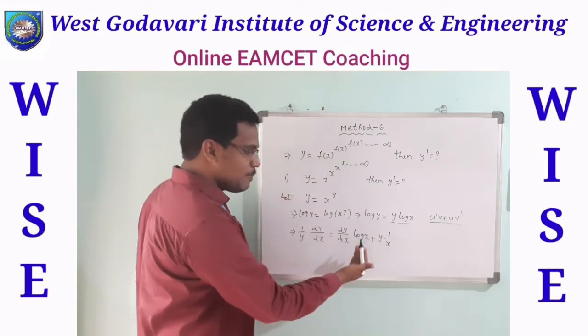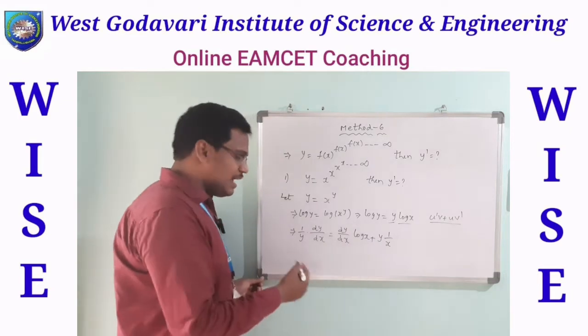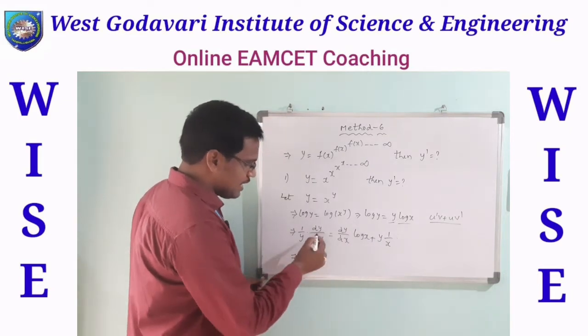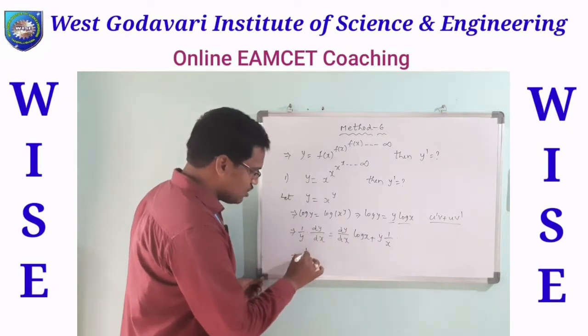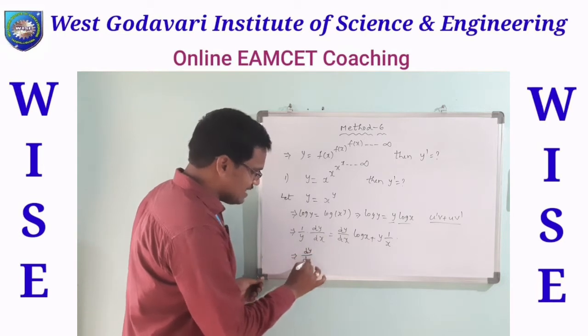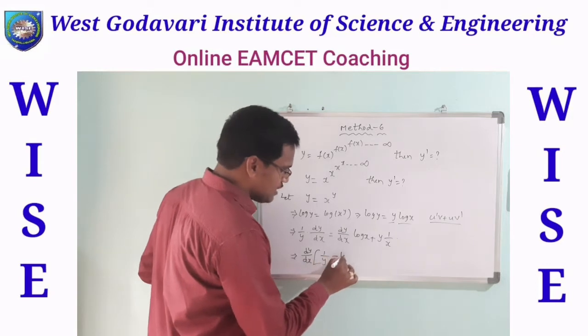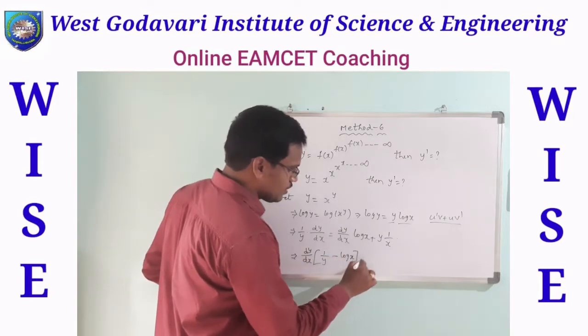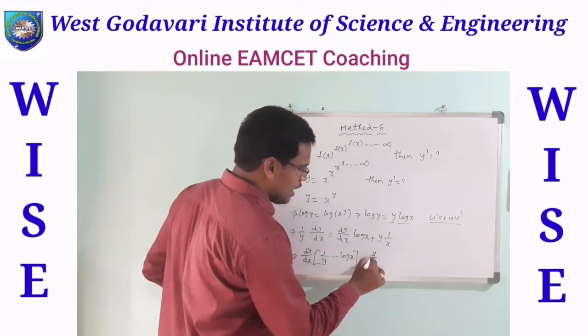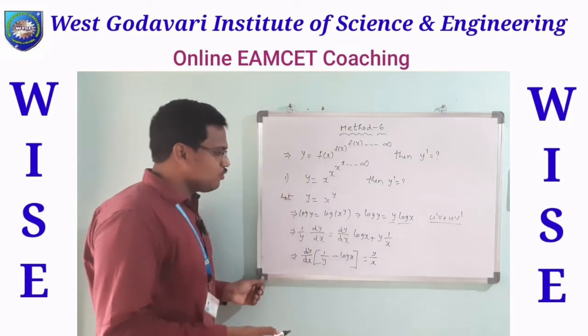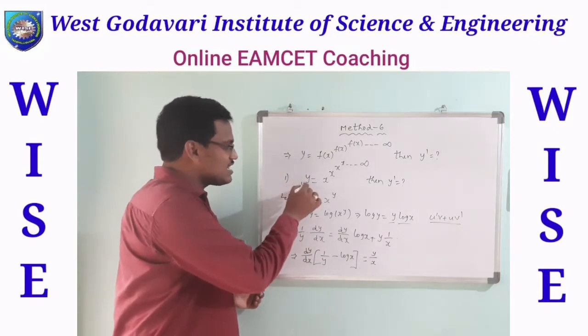So taking dy by dx log x to the left side, then taking dy by dx common, dy by dx into (1 by y minus log x) is equal to y by x. Now we have to find dy by dx for this y.